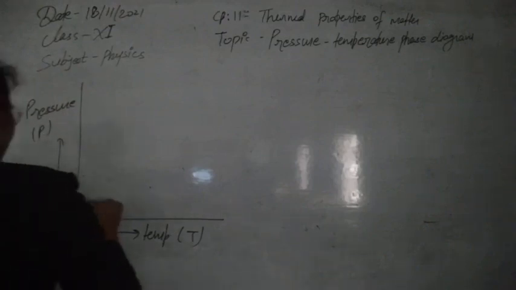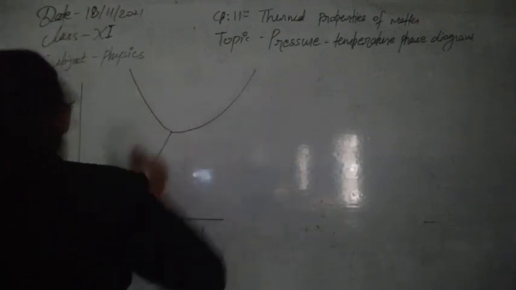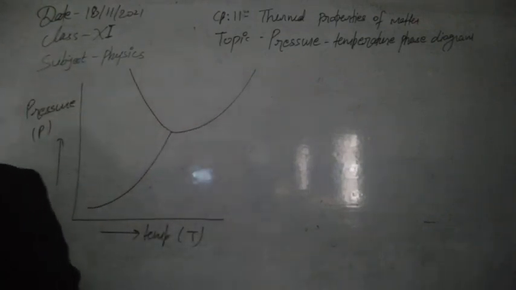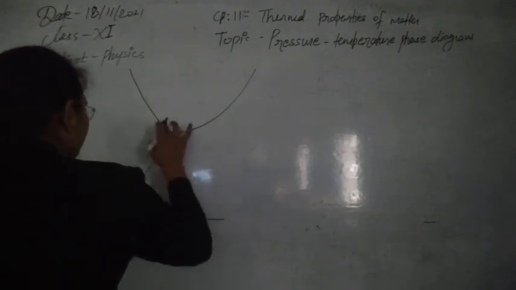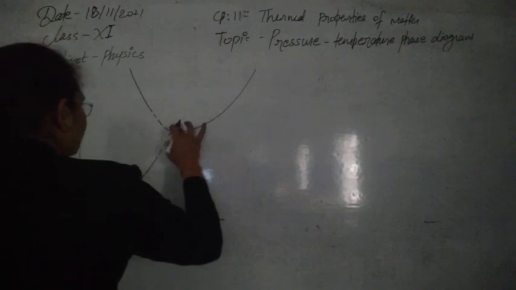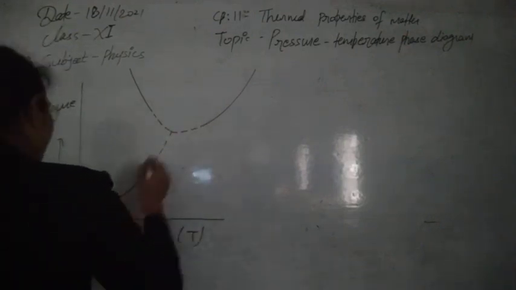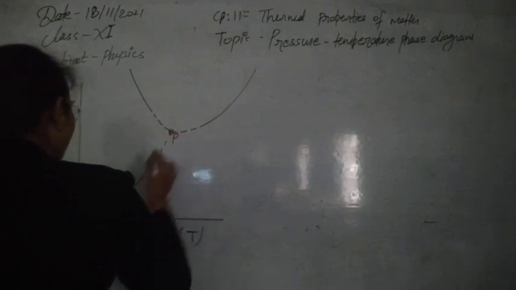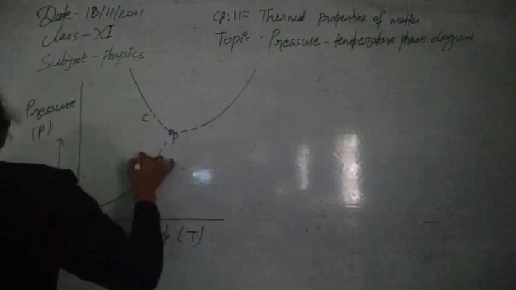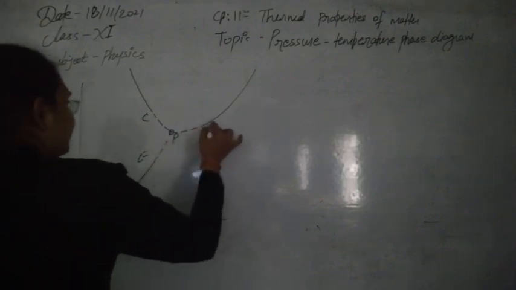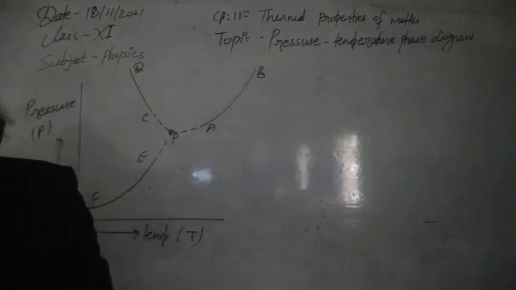Now if we plot the graph, we obtain this kind of graph, where we can denote these as dotted lines. Let's name the point where these three dotted lines meet, and the other points as A, B, C, D, E, F.